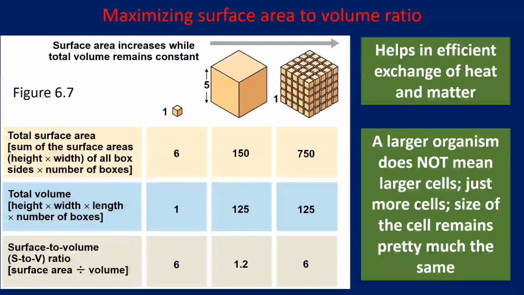There could be a few exceptions, but the idea is very clear: in order to have a sufficiently high ratio of surface area to volume, the cell can exchange a lot of material with its surroundings.